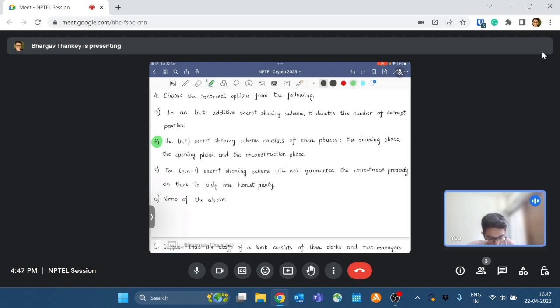What about option C? The n comma n minus 1 secret sharing scheme will not guarantee the correctness property as there is only one honest party. Well, this is also false because, so recall what the correctness property is. The correctness property says the following.